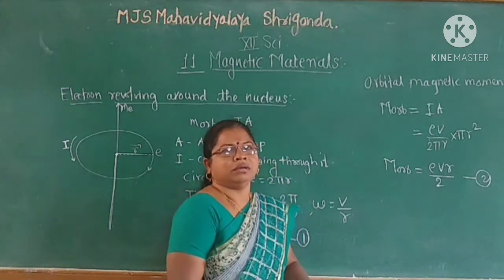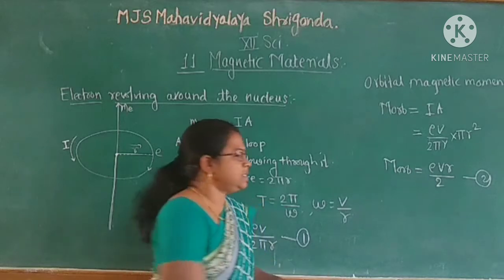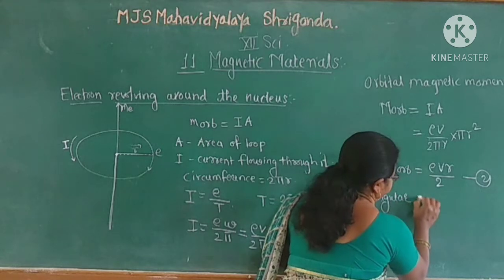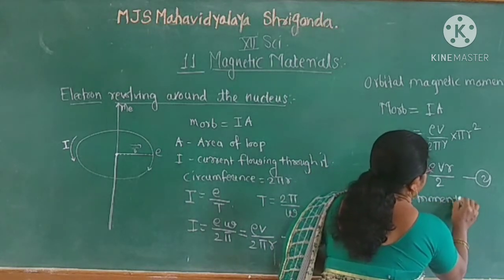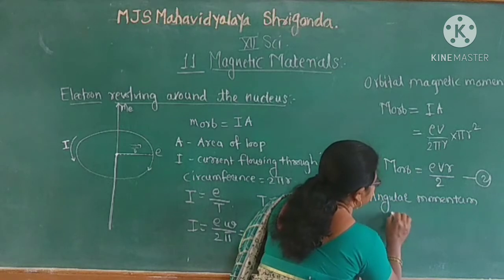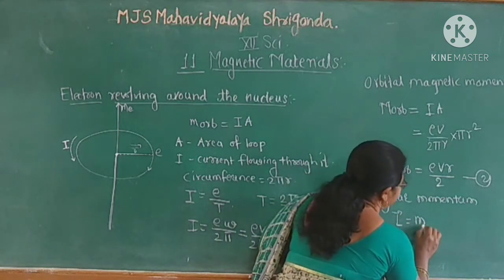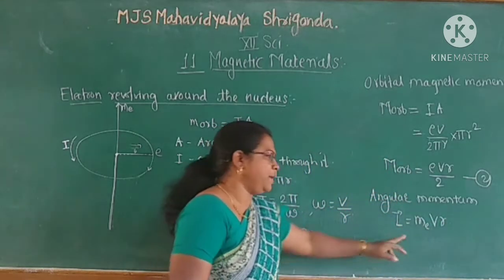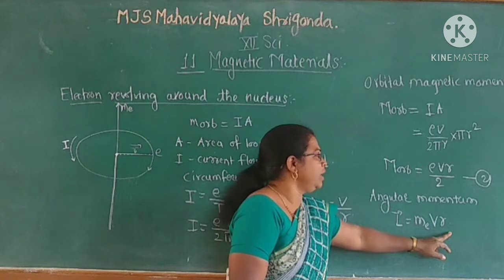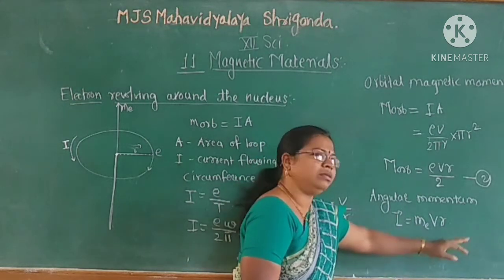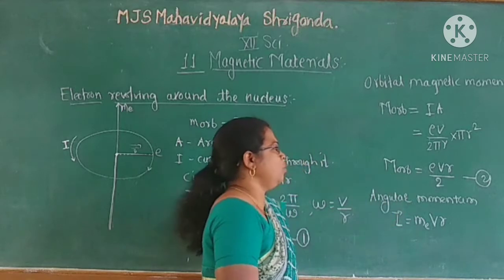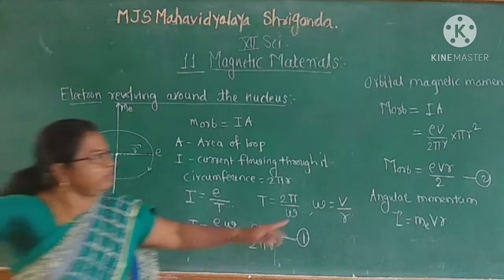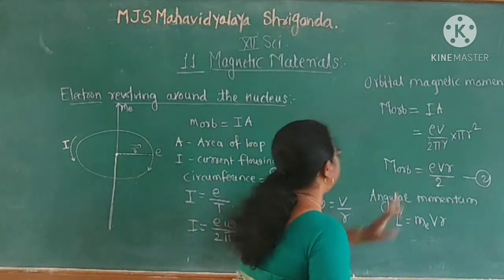Now, in this case, angular momentum, that is L bar, spin angular momentum is given by L bar, which is equal to mass of electron, that is me, into velocity into r, me into vr. Okay, so this we must know. Now consider once again equation number 2. We got m orbital is equal to EVR by 2.